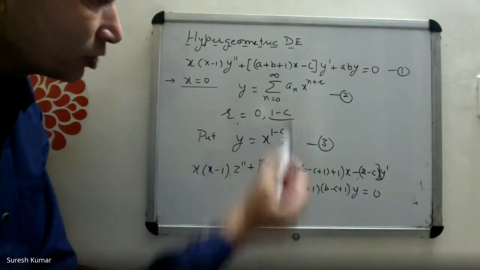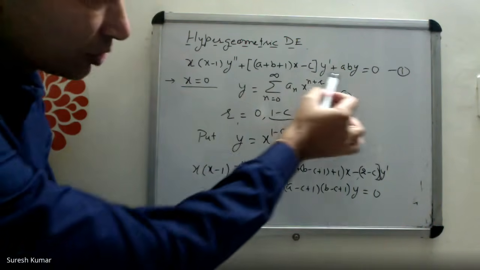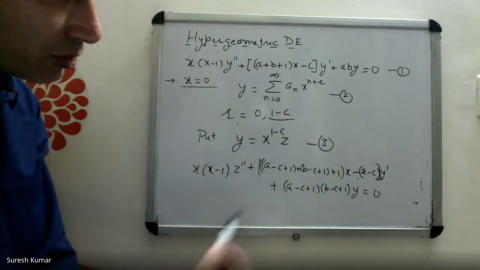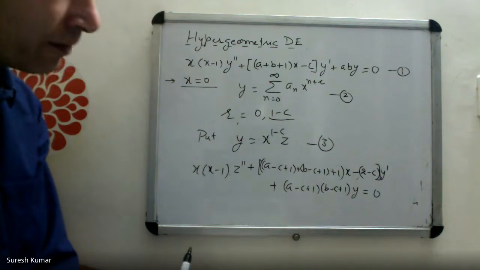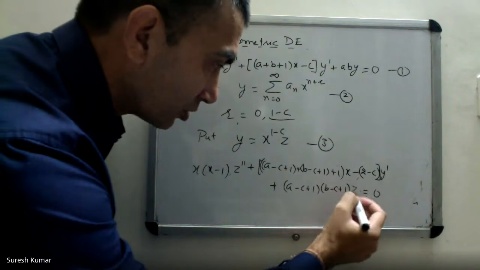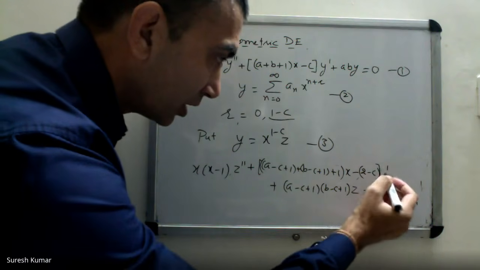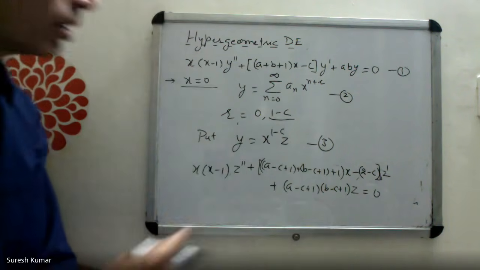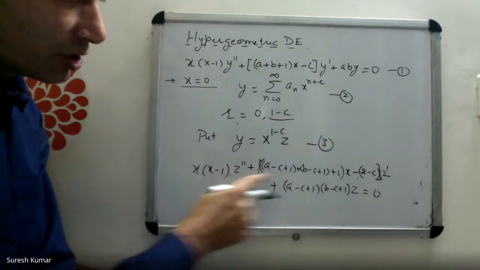In place of a, you are seeing a minus c plus 1. How to conclude that it is hypergeometric or not? This format of differential equation is hypergeometric. Are you seeing it in this format? Yes, sir. So here you should write z, not y, because it is transformed in z and x. So it is a hypergeometric differential equation in z and x.